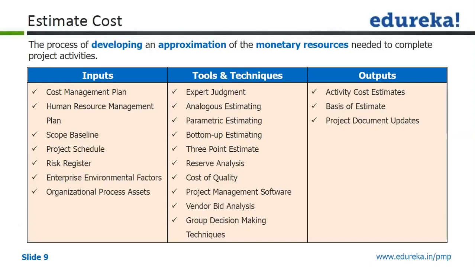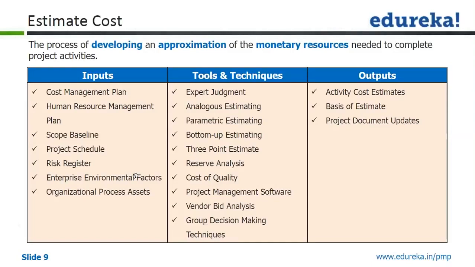As we are aware, all the management plans are subsidiary plans of the project management plan, so this also goes back to the project management plan. And project document updates: the activity list, activity attributes, the risk register, and so on. As appropriate, those documents will get updated.